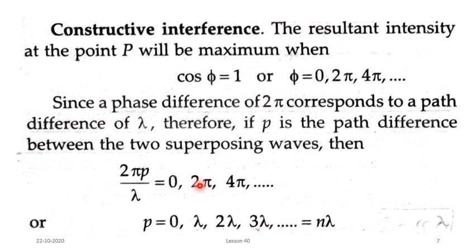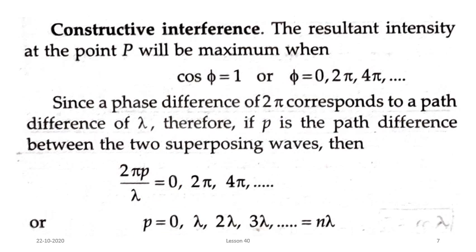As we have studied, for this phase or for these angles, I will get the bright fringe. In that case, if 2 pi P by lambda equals 0, then everything will go and I will get my path difference equal to 0.